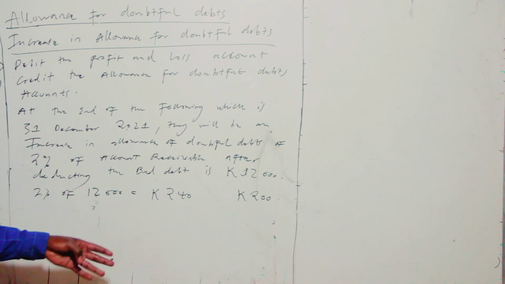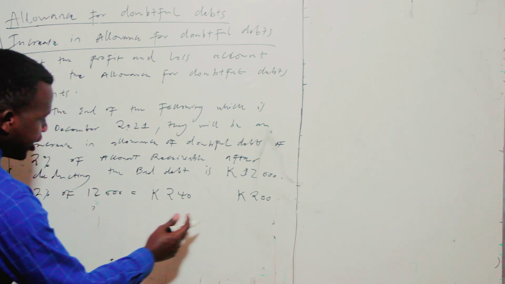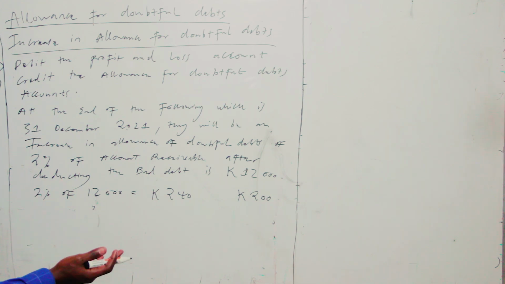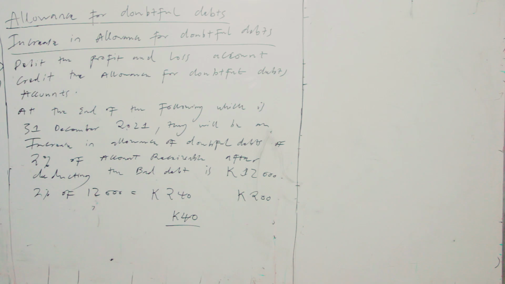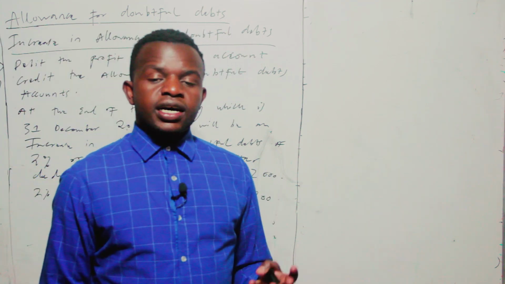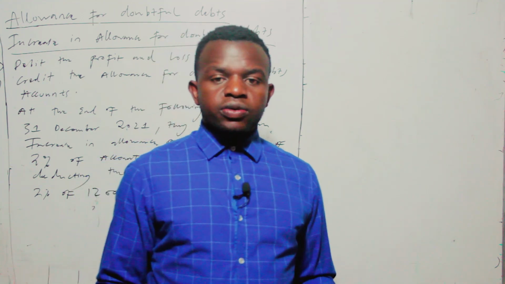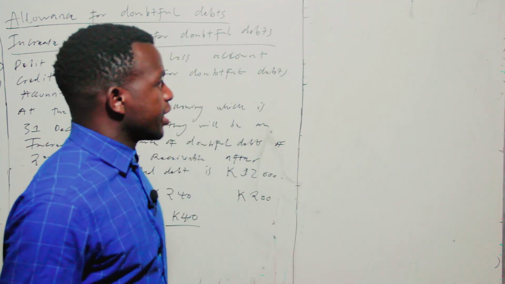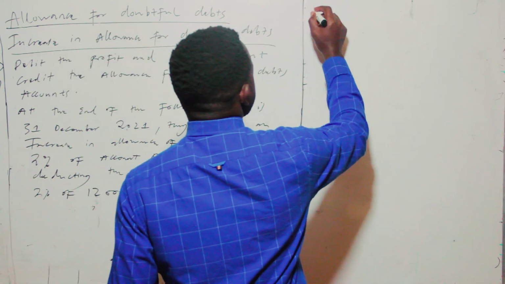So you can see from this calculation that there is an increase in the allowance for doubtful debts of 40 kwacha. What are we going to record in the profit and loss account? What are we going to record in the allowance for doubtful debts account? What are we going to record in the income statement? And what are we going to record in the balance sheet? So let us look at these accounts.